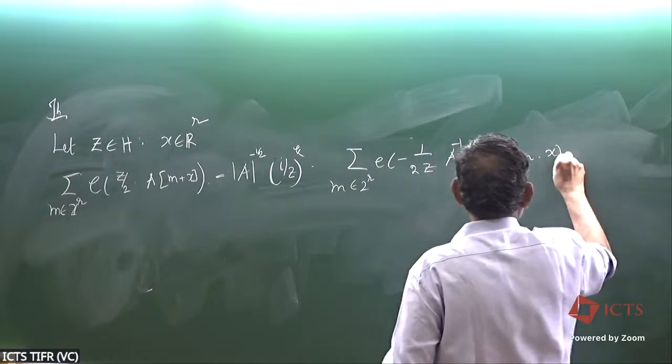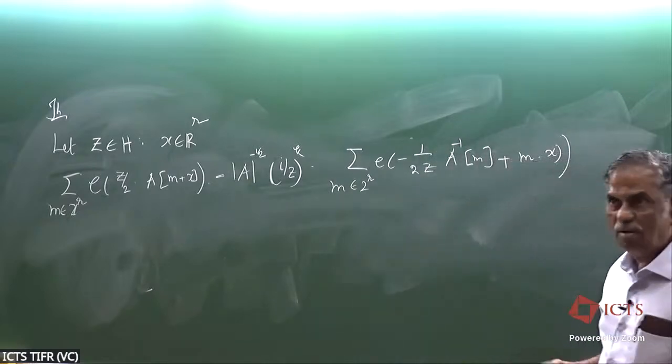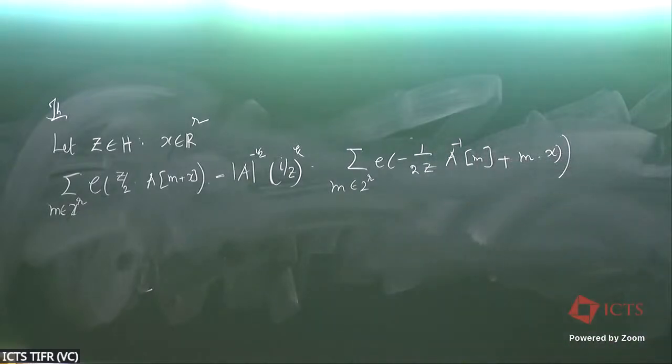And remember, I am not putting any bar, therefore this m is also an r-tuple, and x is also an r-tuple, and this m·x is a standard scalar multiplication.